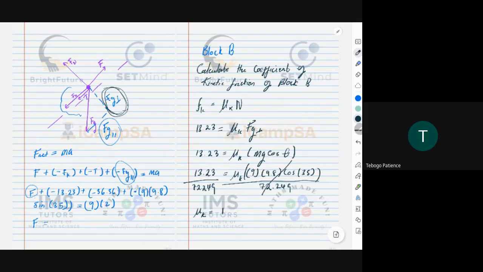Then you're going to have 0.183. It doesn't have any units. Okay, so this is how things look.